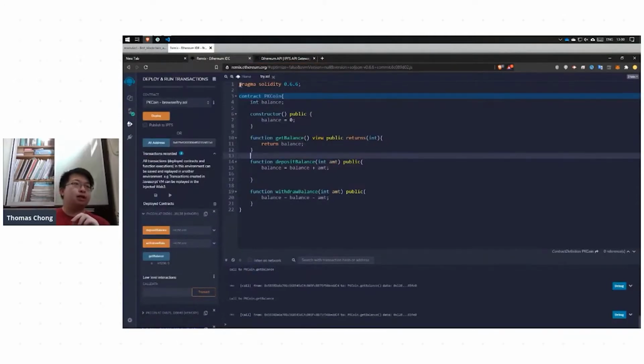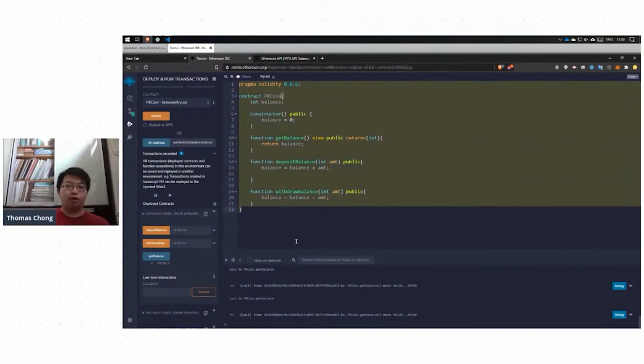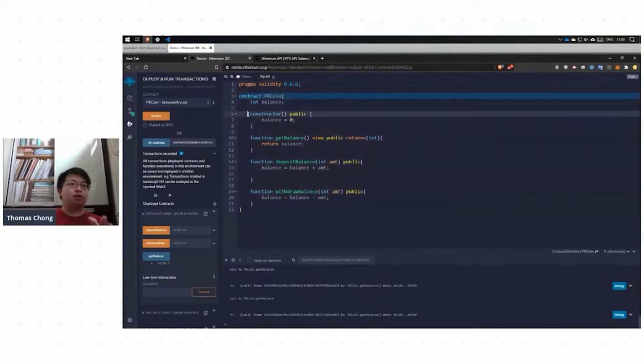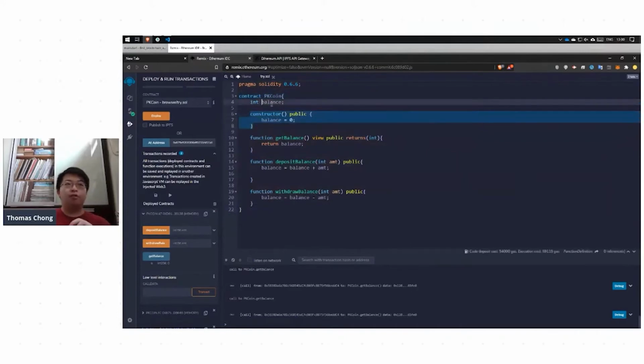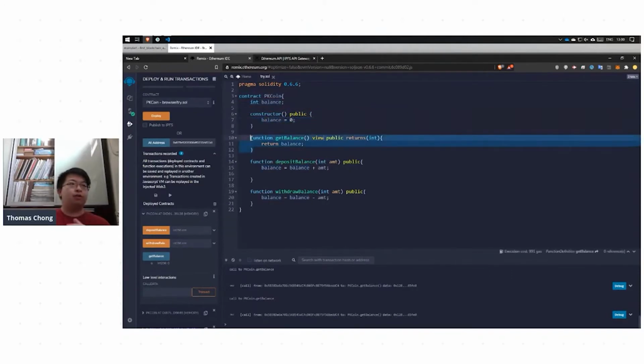We can see there's a Solidity program, a very simple smart contract structure. There's a constructor and a variable, and this variable says the balance is 0 at initialization. After that there's a function to get the balance, and you can also do a deposit and withdrawal.